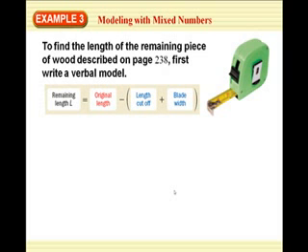Okay, so what was the original length of the board? For this one, we're going to put 36 and 5/8 minus, what did we cut off? We cut off 12 and 3/4 plus the blade destroyed 1/16 of it.